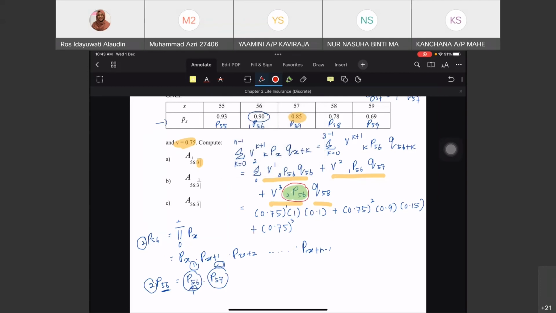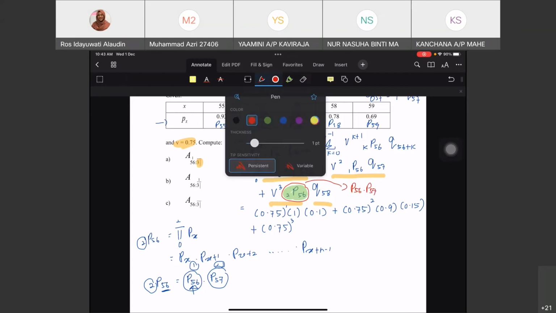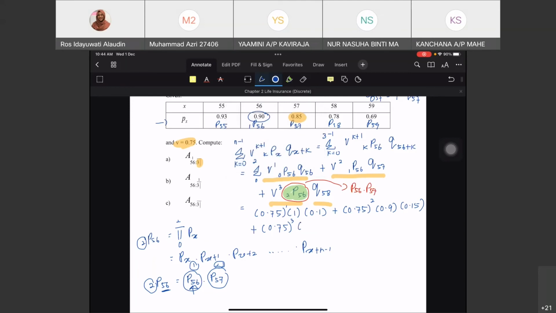So 2p56 becomes p56 times p57, which is 0.9 times 0.85. And then q58 is 1 minus p58, which is 1 minus 0.78, which is 0.22. So the answer would be 0.2219.